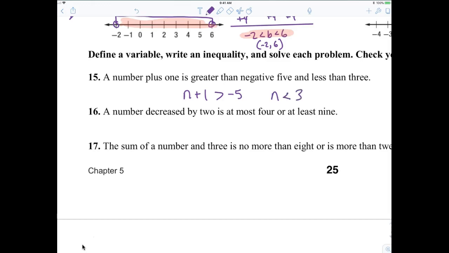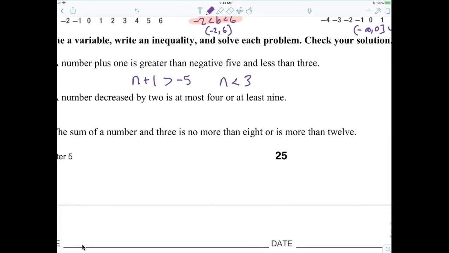That's how I would think of that. So a number plus 1 is greater than -5. And what are we talking about? The number, right? And the number is less than 3. Everybody agree with that?